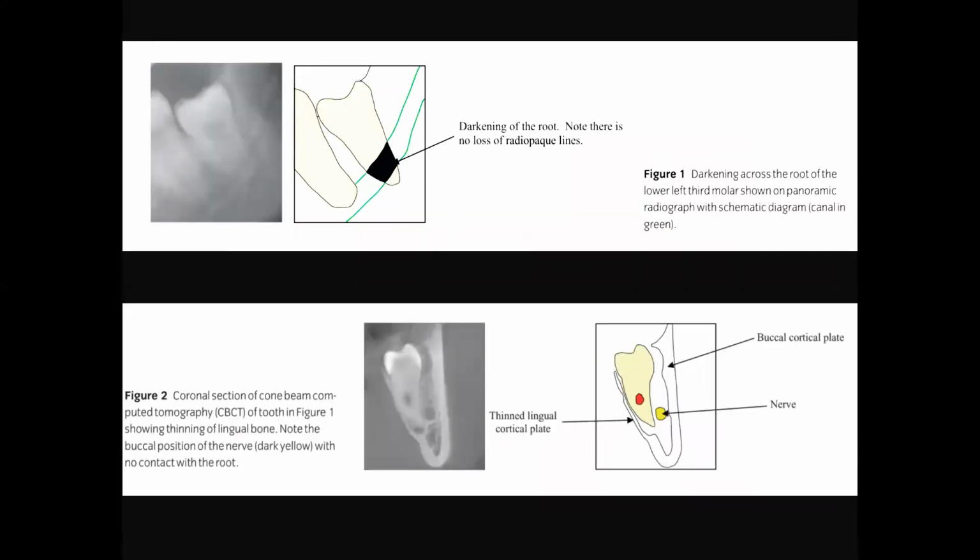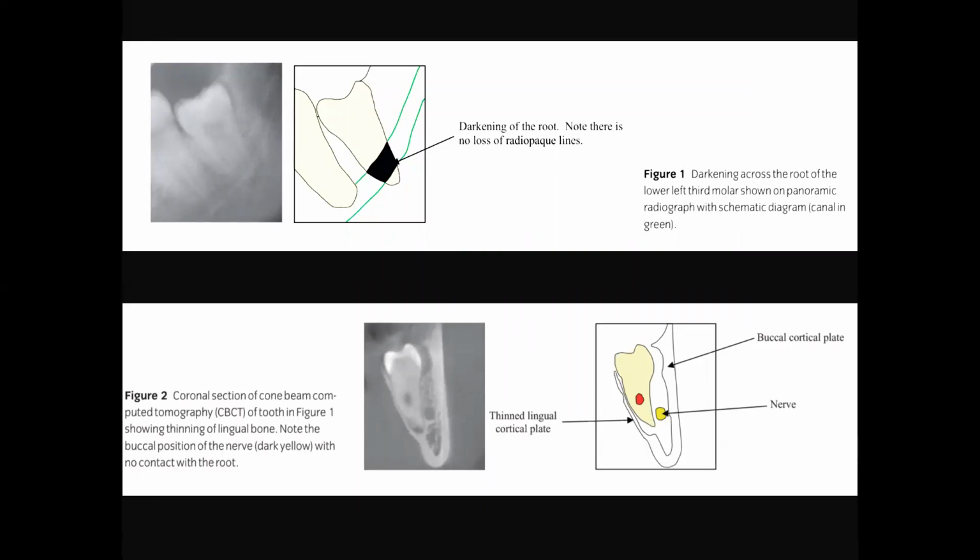So this is the first scenario, in which you can see that the upper image is a panoramic image. It appears that there is a canal shadow overlapping the roots. Now, how it appears is a black radiolucent shadow, a darkening across the roots of the lower third molar.